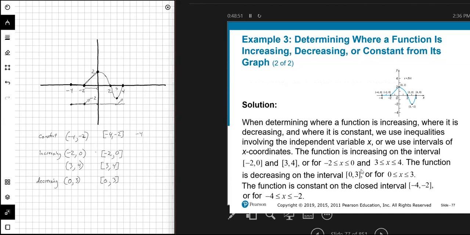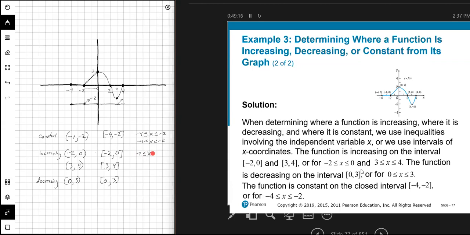So from -4 less than or equal to x less than or equal to -2, when actually it should be -4 less than x less than -2. And this would be from -2 less than or equal to x, because we're talking about the x values.